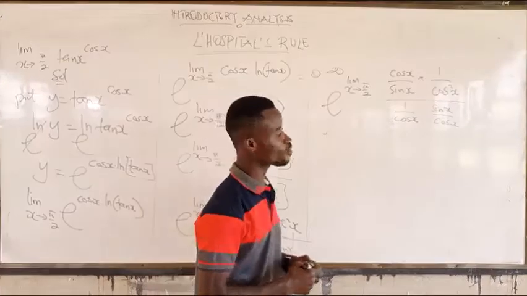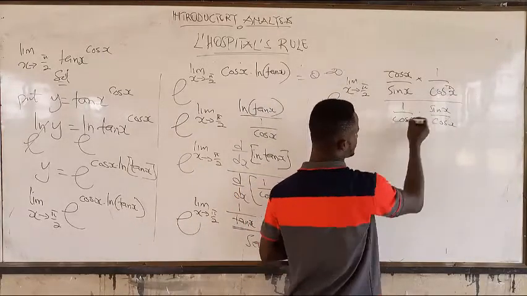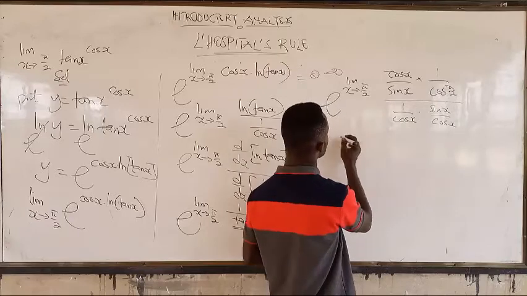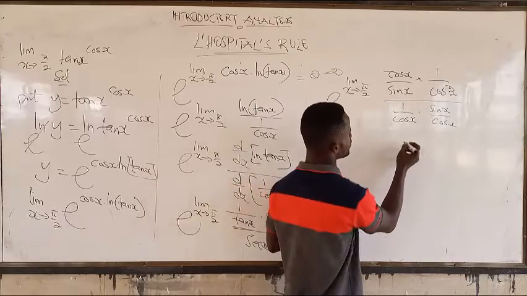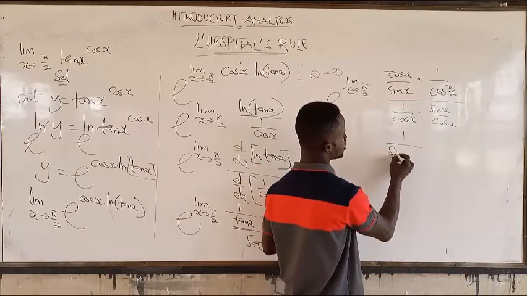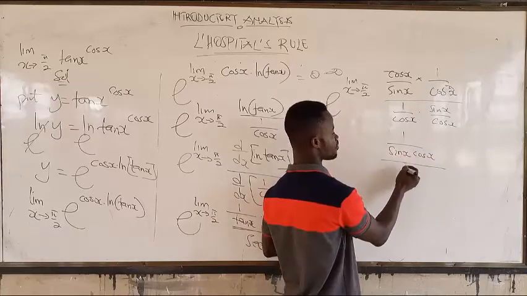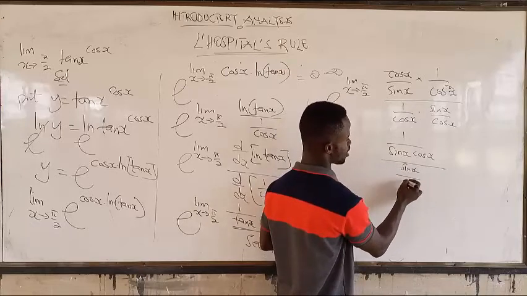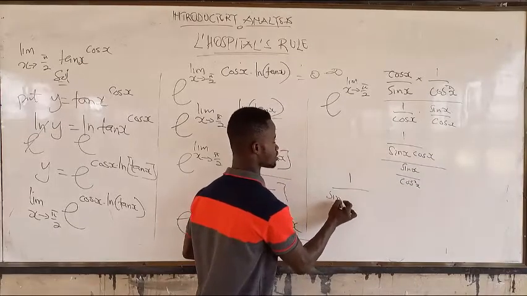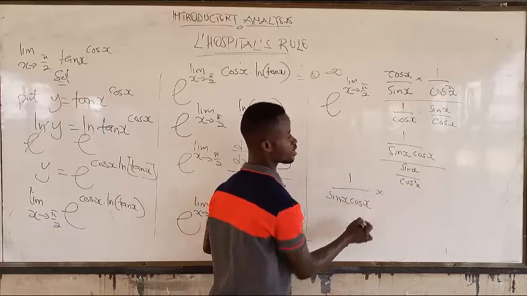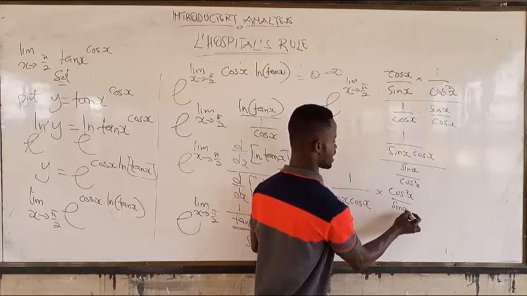Very good. Now watch. You can see clearly that this will cancel one of these. Now this is sin x cos x over, here we get sin x over cos square x. So 1 over sin x cos x is going to multiply cos square x over sin x.